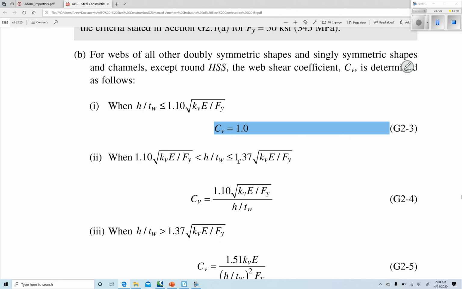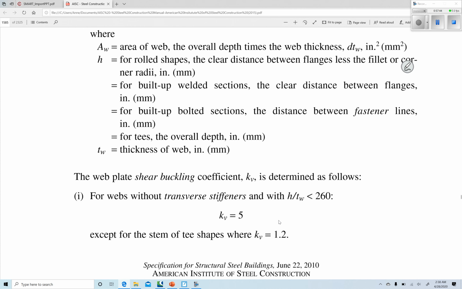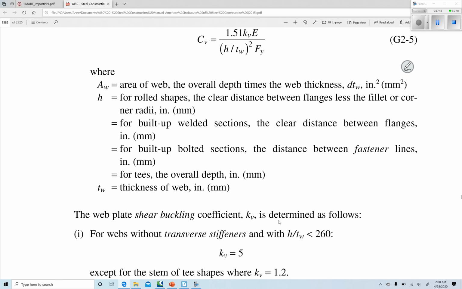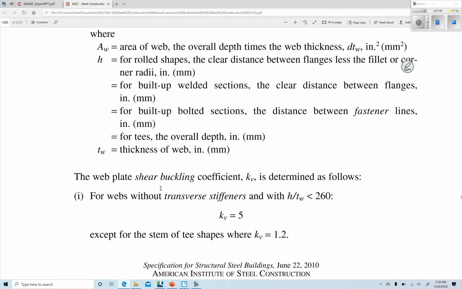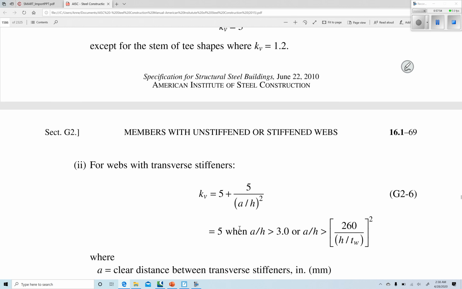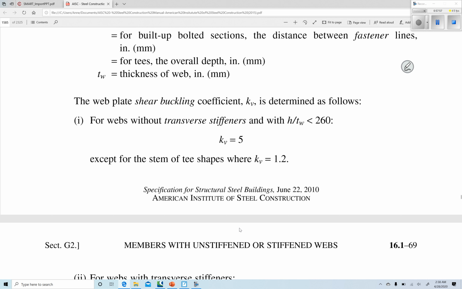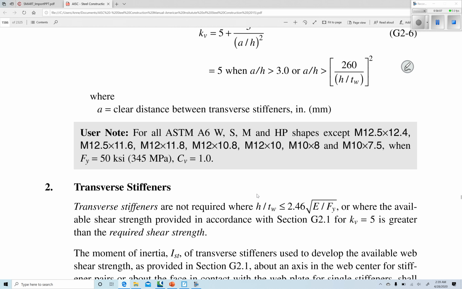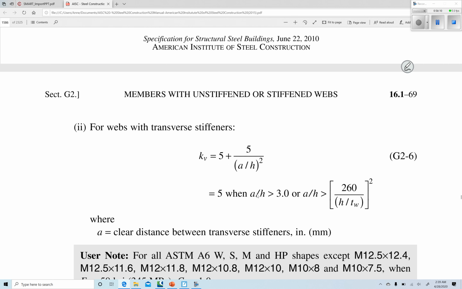If it's 1.1 to 1.37, I'm going to start buckling, and I've got to calculate a CV. And the shear buckling coefficient, there's different ways to calculate it. If I don't have any stiffeners and my H/TW is less than 260, I can use 5. Otherwise, I have to calculate it this way.